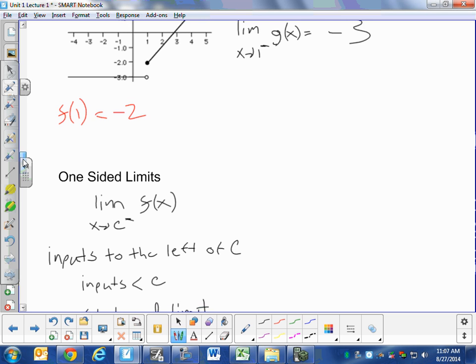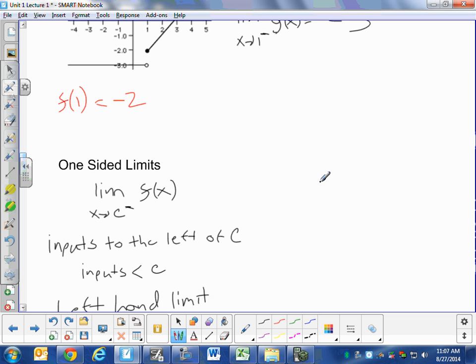Interesting. Now, if we have a left-handed limit, we need to have a right-handed limit. The notation is almost the same, except you just have a plus in the exponent instead of a minus. It does not mean -1. Like if I put this negative here, this is not -1. It is 1 from the left.